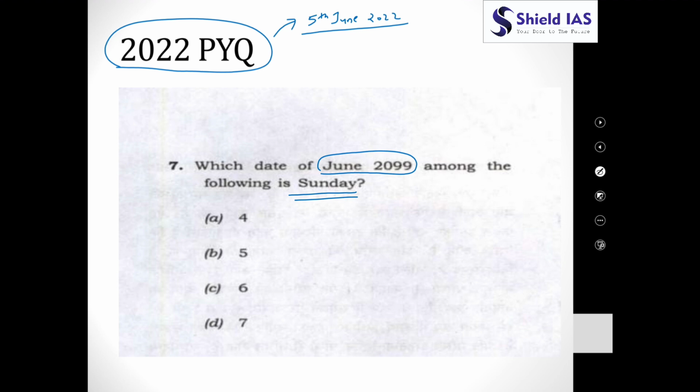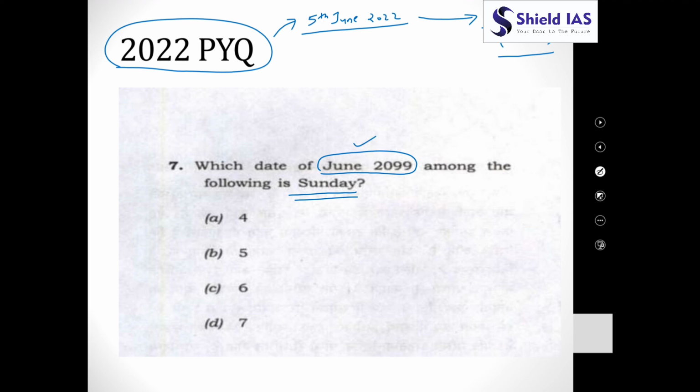So what we'll do is calculate the day on 5th June 2099. If I calculate the day on this particular date, then I can certainly see which date of June 2099 among the following is Sunday.